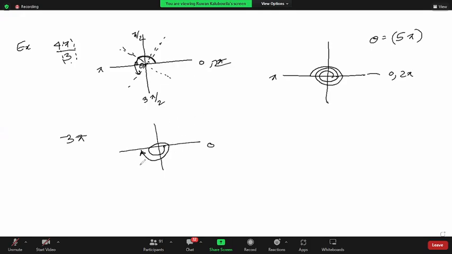That is why I use counterclockwise and clockwise directions to mark. So these are very simple things, but it's better to start with the basics, then you will understand the advanced things also in the trigonometric functions.